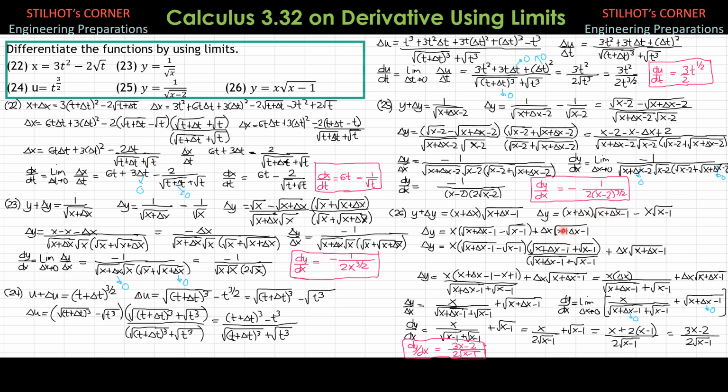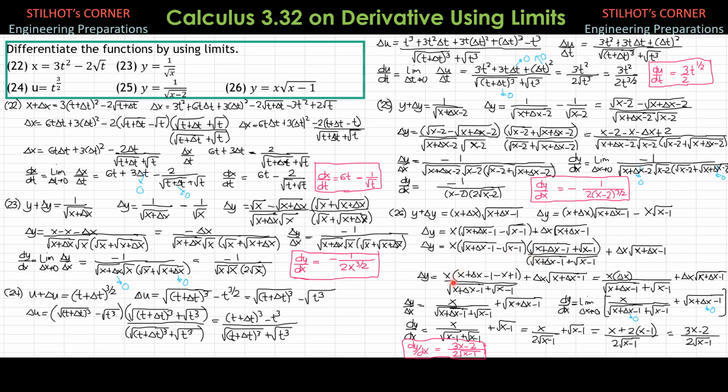So that's it. Then we copy this and multiply and divide by the conjugate of this numerator, and we simply copy the second term. So delta y is equal to, the expansion of this just removes the radical, then minus the quantity, remove the radical.